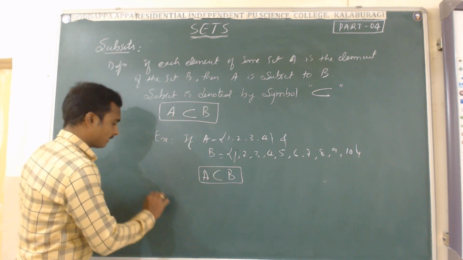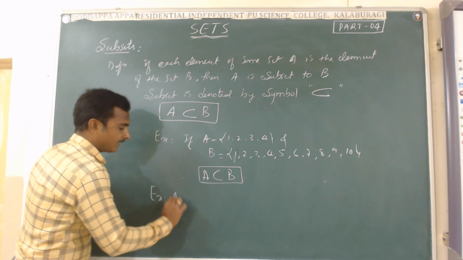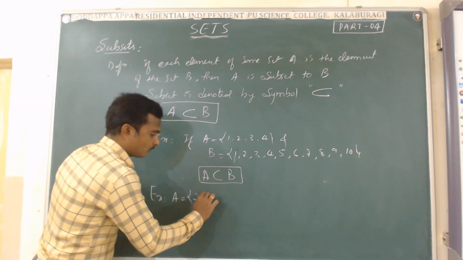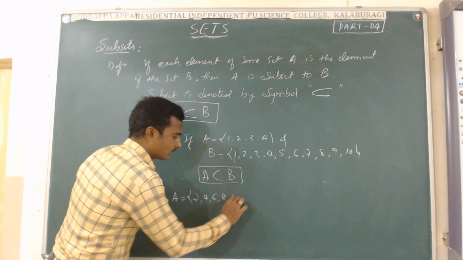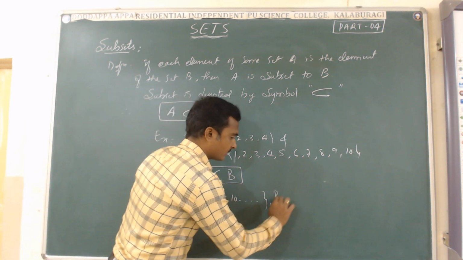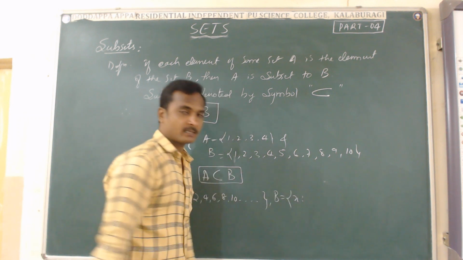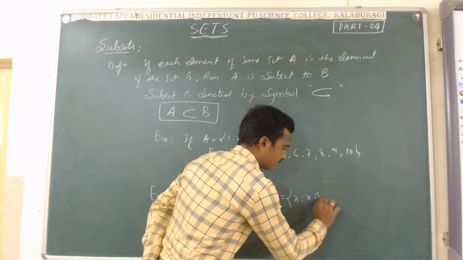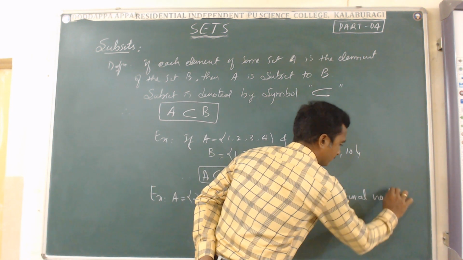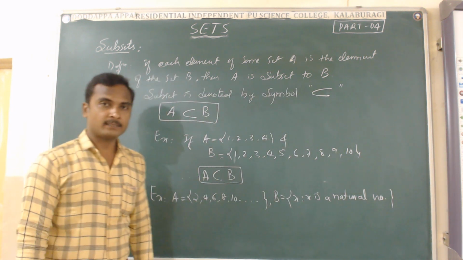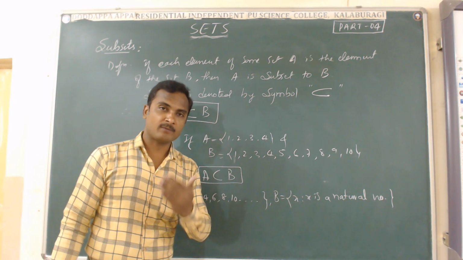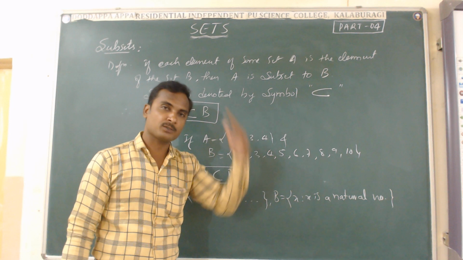One more example. If set A equals {2, 4, 6, 8, 10, and so on}, and the set B is defined to be the set of all x such that x is a natural number, right? The set B contains all the natural numbers starting from 1, 2, 3, 4, 5 and so on.